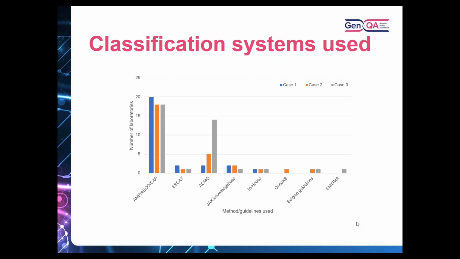A couple of laboratories used the JAX knowledge base, and one laboratory applied in-house guidelines. One laboratory used the Belgian guidelines that Pauline went over at the start, and then a couple used mainly other databases like OncoKB or ENIGMA.